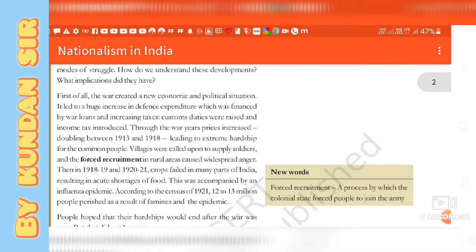Next point is acute food supply. Acute food supply means there is a scarcity of food. Why did the scarcity of food happen?